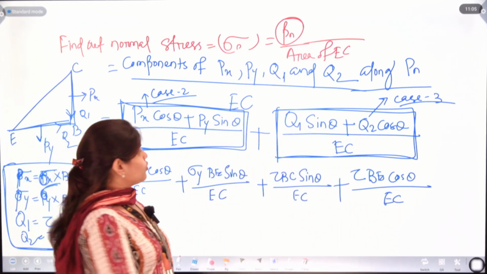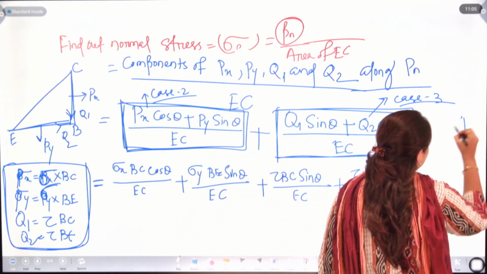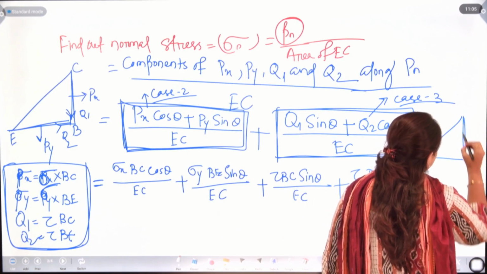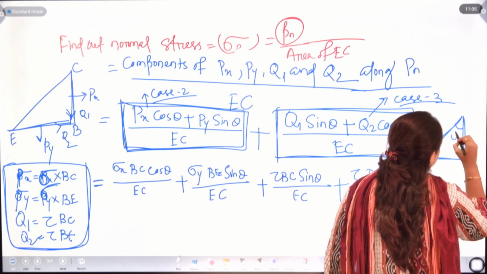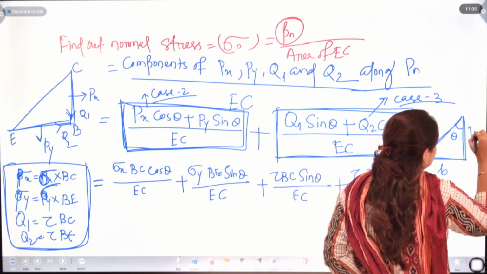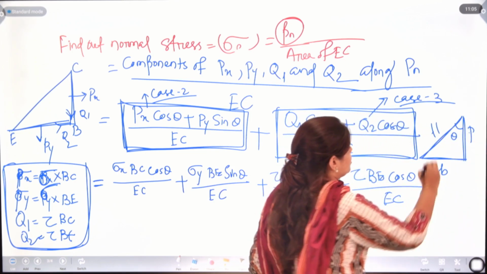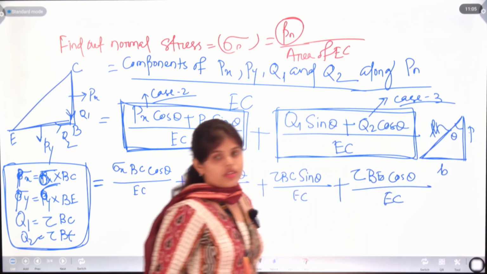So, let's move to trigonometry for some time. Here, if theta is here, we know this is the base and perpendicular, and here we have the hypotenuse.